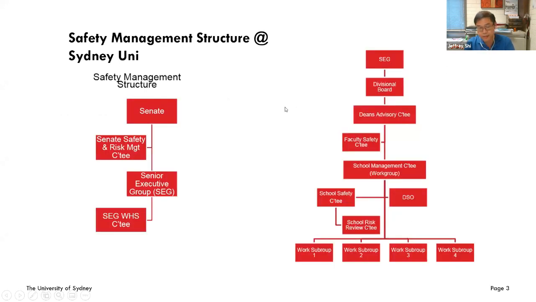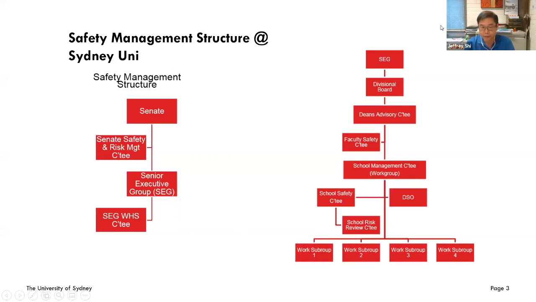Sydney University has almost 60,000 students and around 8,000 staff. So it's a very big organization with a budget around 2.7 billion a year, and a very complex structure: from the highest level, the Senate, to the faculty, which for me is the Faculty of Engineering, and then down to school level.